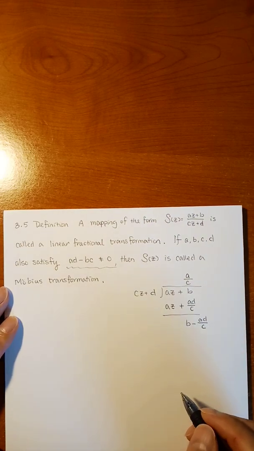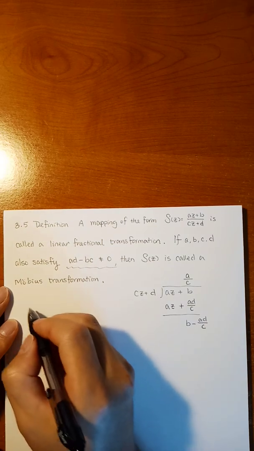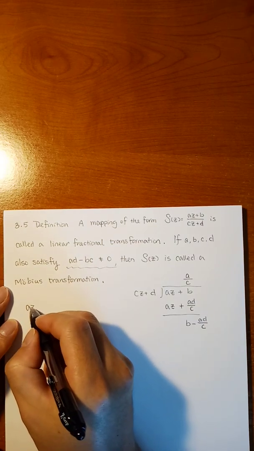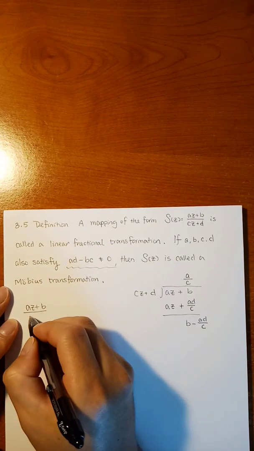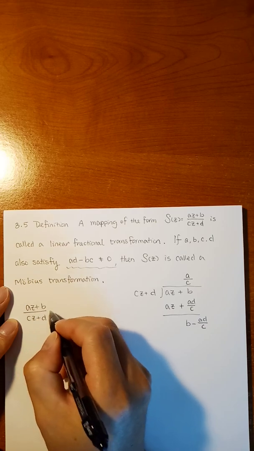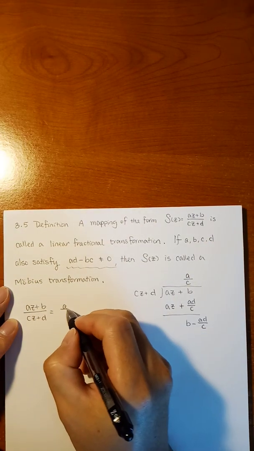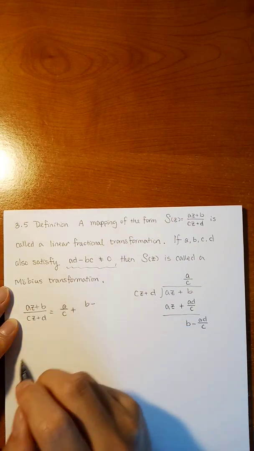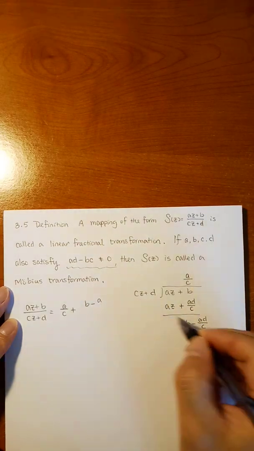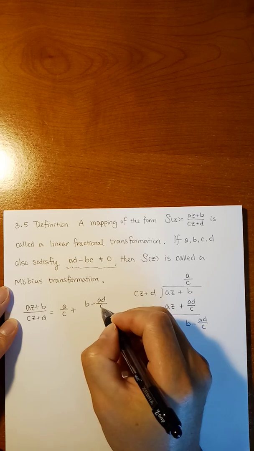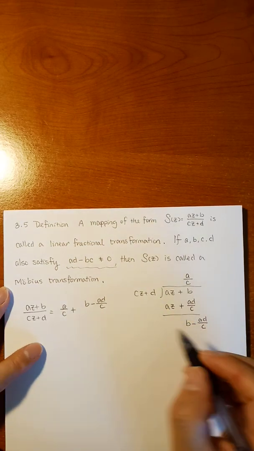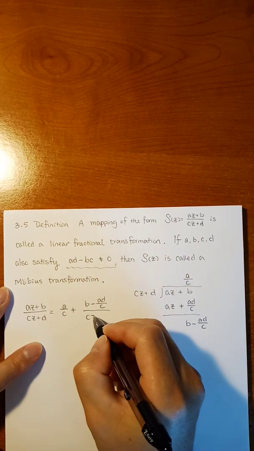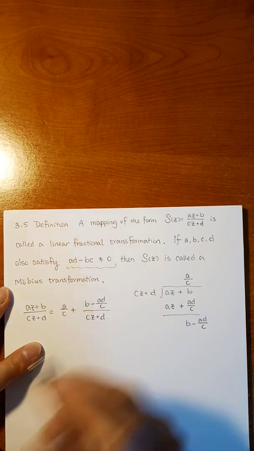So az plus b over cz plus d is equal to a over c plus (b minus ad over c) over (cz plus d).